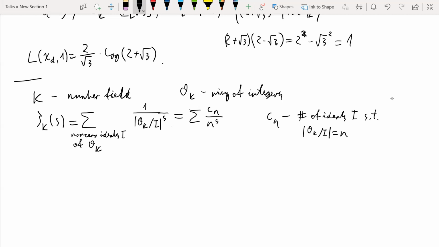So we're basically just grouping terms, and one can, without much difficulty, show that this quantity Cn is finite. So we can write this as a Dirichlet series like this.